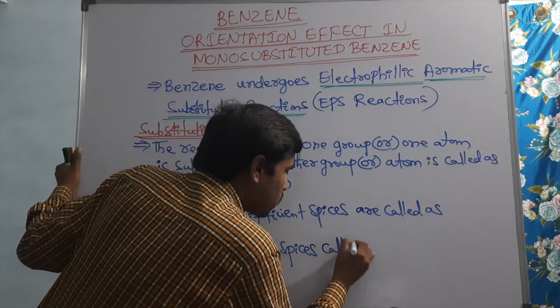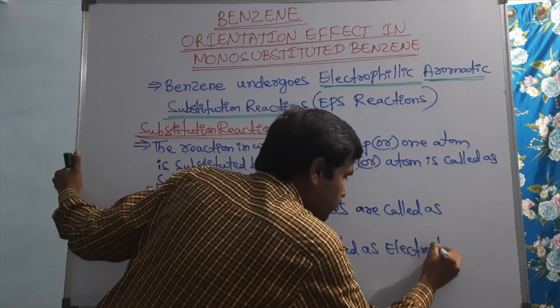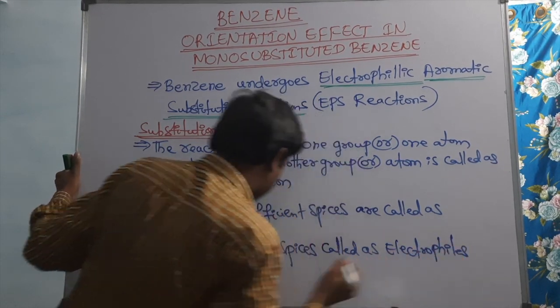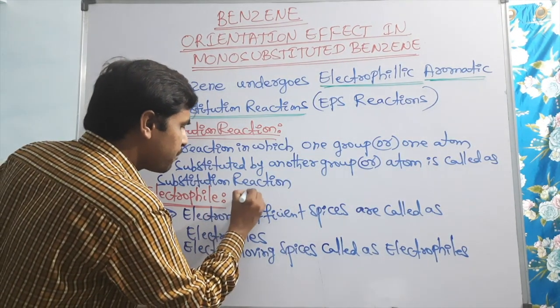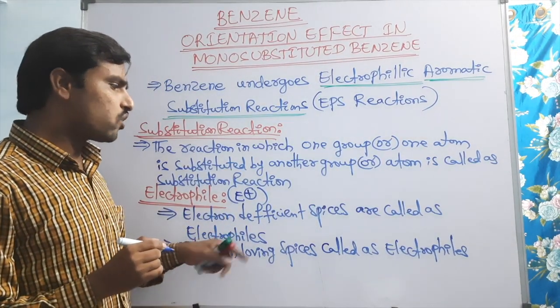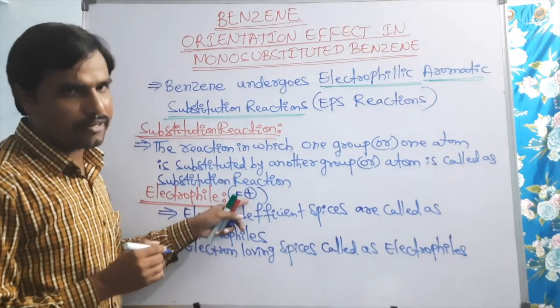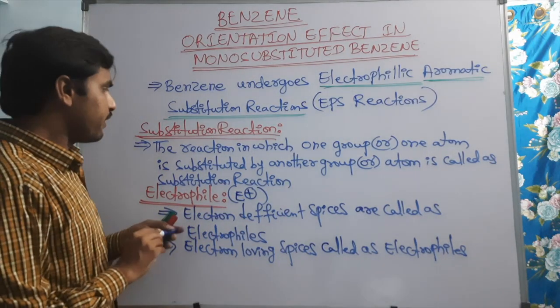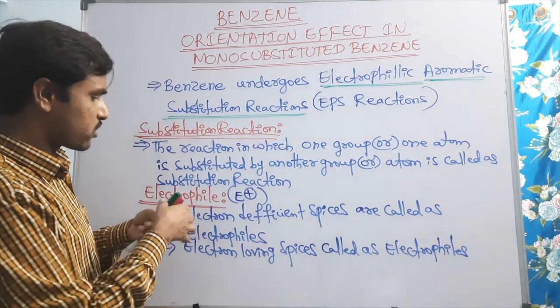These electrophiles are simply represented by E plus, because they are electron deficient species and might have a positive charge. That is the definition of electrophile and substitution reaction.